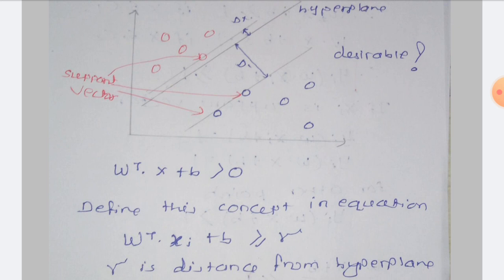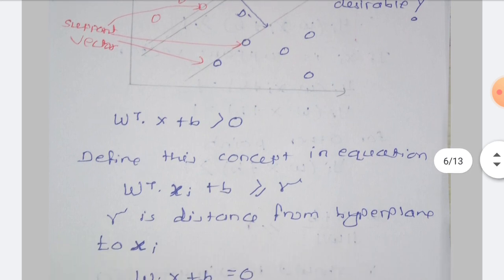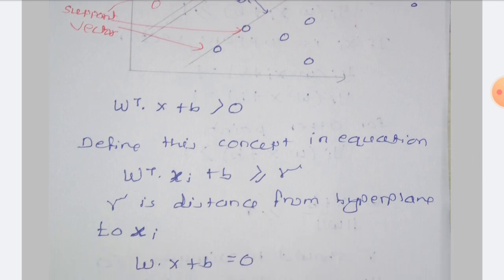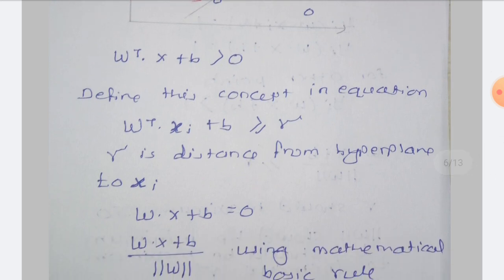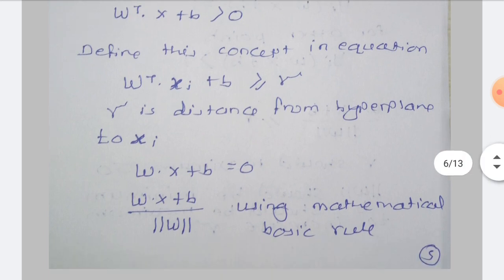So my equation will change to W^T xi + b is greater than or equal to gamma, where gamma is the distance from the hyperplane to xi. Again I have written the equation w dot x + b equal to 0. Using a basic mathematical rule, I can write this as (w dot x + b) divided by mod of w.